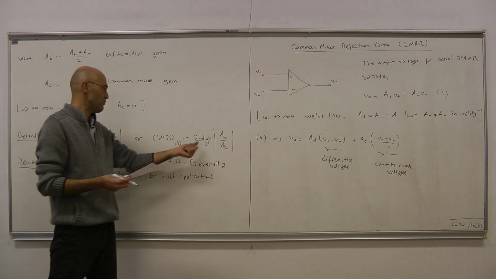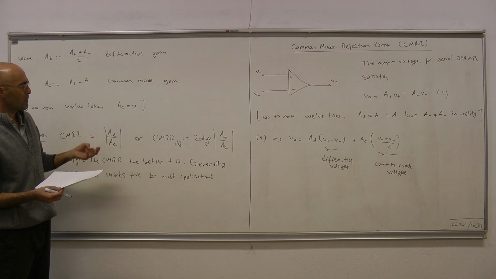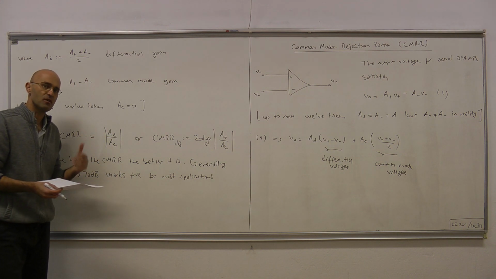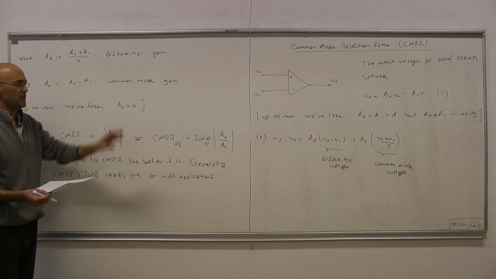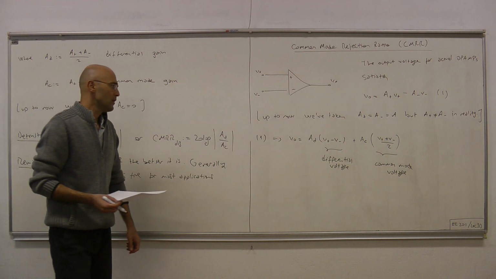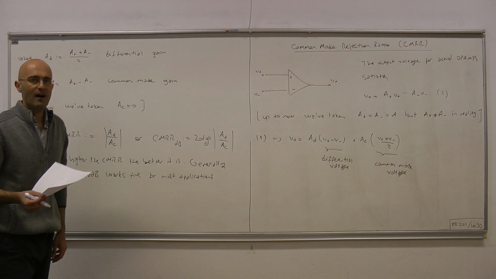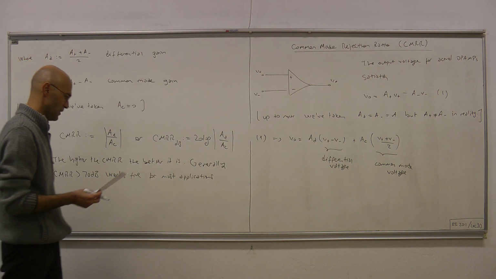So in a sense, if common mode rejection ratio is larger than 70 decibels, okay, the device is close to, for your application, the ideal model that we have been using.